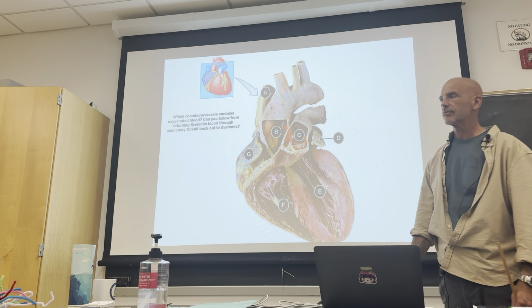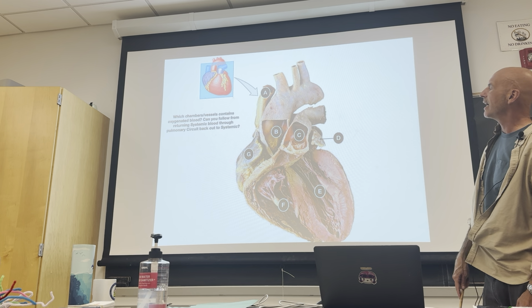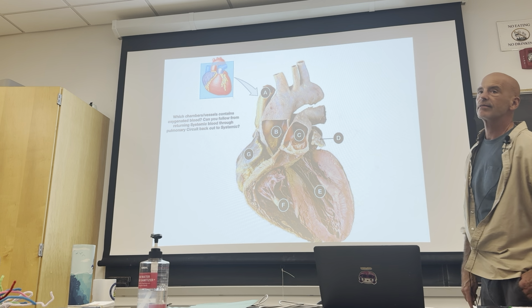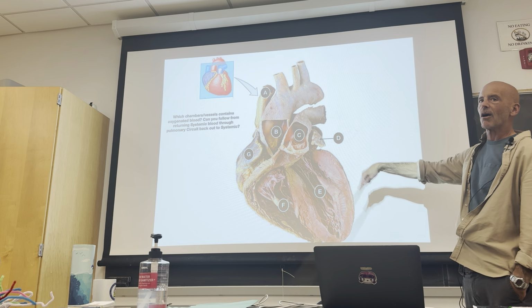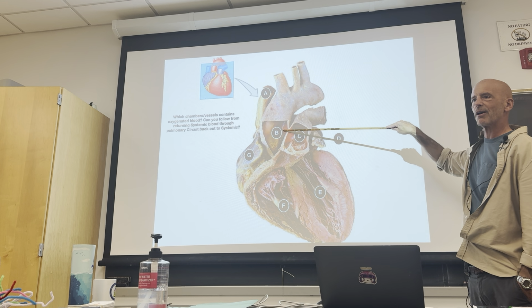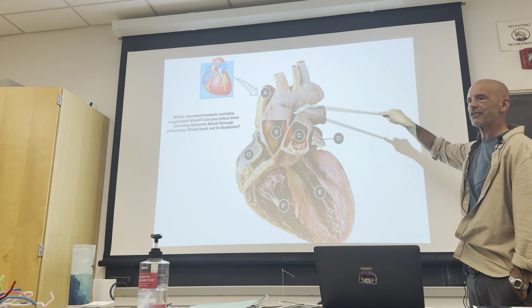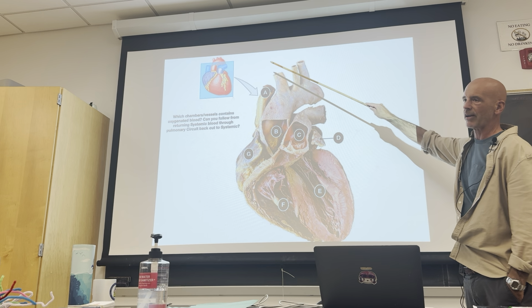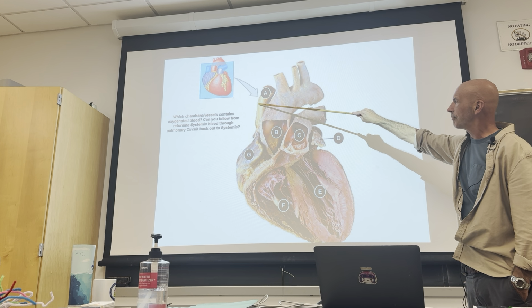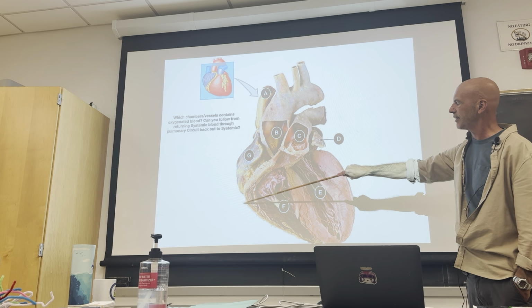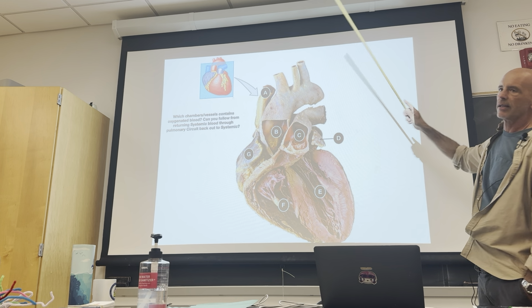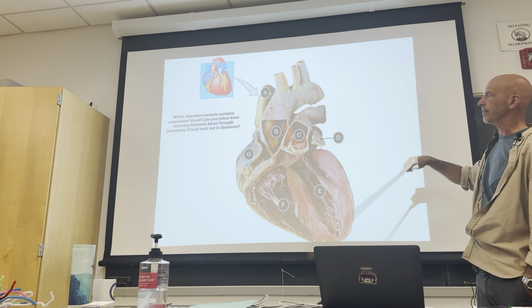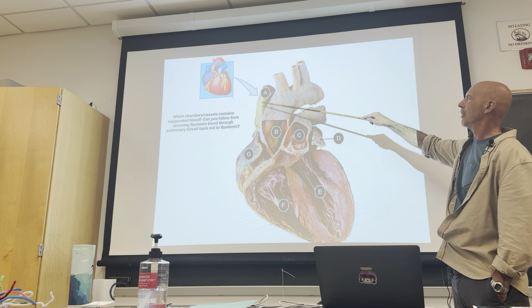Heart. Okay, lecture and practical. You want to name all the vessels, the great vessels coming off the top and then the sides, entering and leaving the heart. The vessels entering are veins: the inferior vena cava and the superior vena cava, inferior below, and then the pulmonary veins into the left atrium.